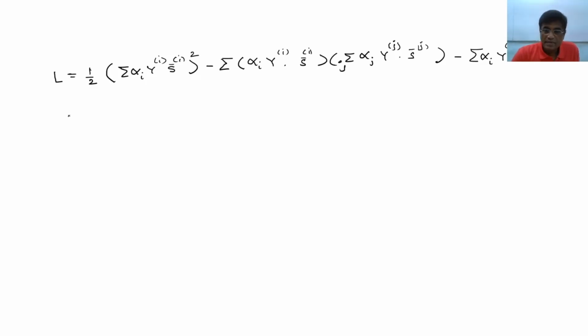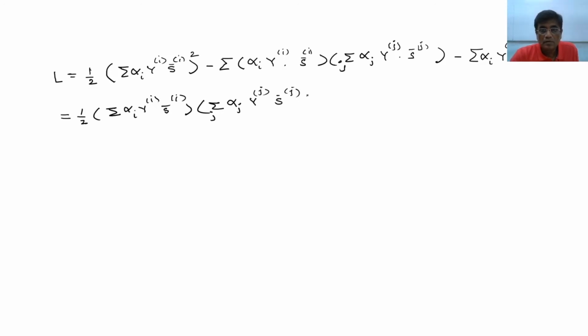So this can now be simplified. So I can write it like this. Alpha sub I, y suffix I times sum over j alpha sub j y sub j.